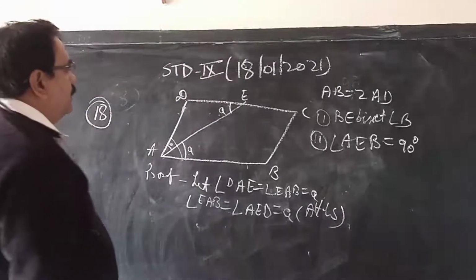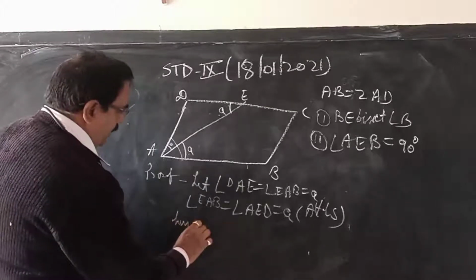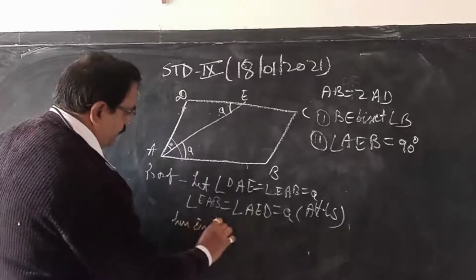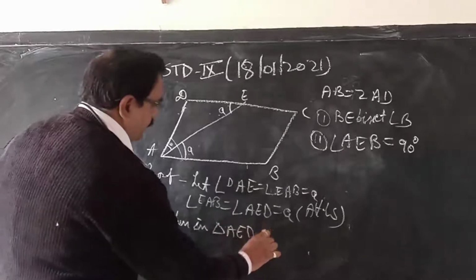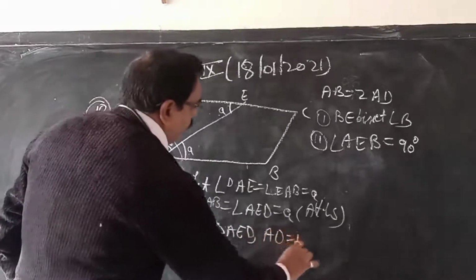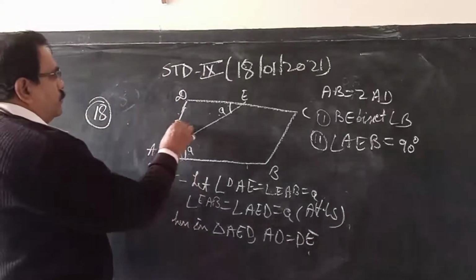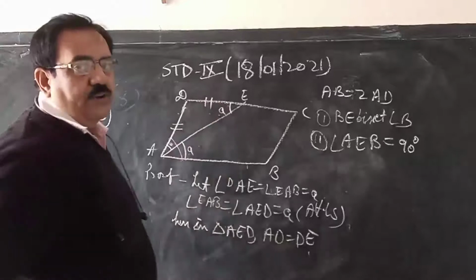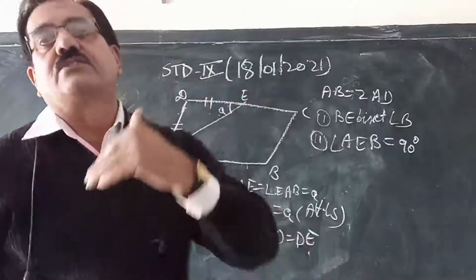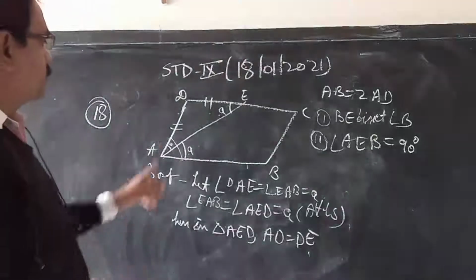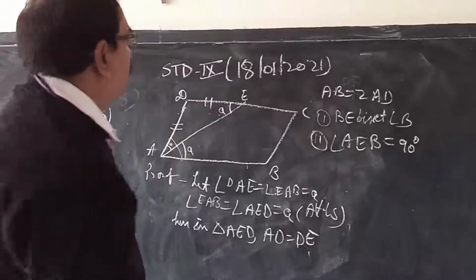Hence, in triangle ADE, AD will be equal to DE. Two angles in a triangle are equal, then their opposite sides are also equal. So this angle and this angle are equal, so AD will be equal to DE.